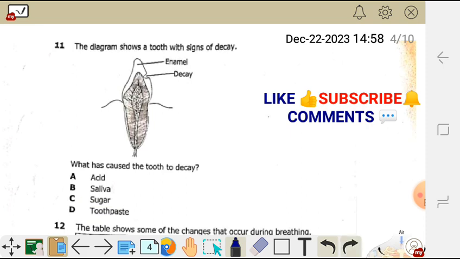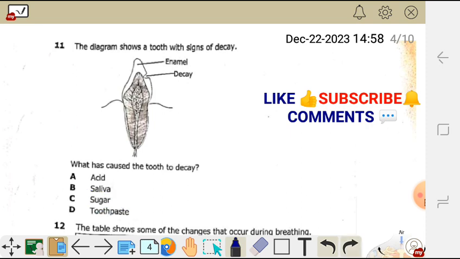What has caused the tooth to decay is acid. Acid dissolves the enamel, and then it also destroys the dentine and reaches the pulp, and then you feel pain there. What is happening is that the sugars which remain on the enamel when you are eating something, and the bacteria which are there in the mouth, are going to produce what we call the acid from the sugar.